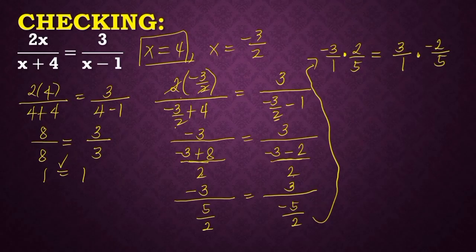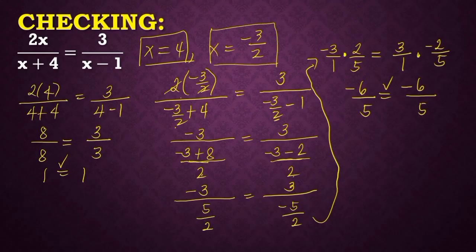And then, multiply lang natin, negative 3 times 2, that is negative 6, over 1 times 5, 5, equals 3 times negative 2, that is negative 6, and then 1 times 5, that is 5. As you can see, equal sila sa both sides. So, x equals negative 3 over 2. Tama din po. So, ito po yung mga solution ng ating equation. X is equal to 4, x is equal to negative 3 over 2.